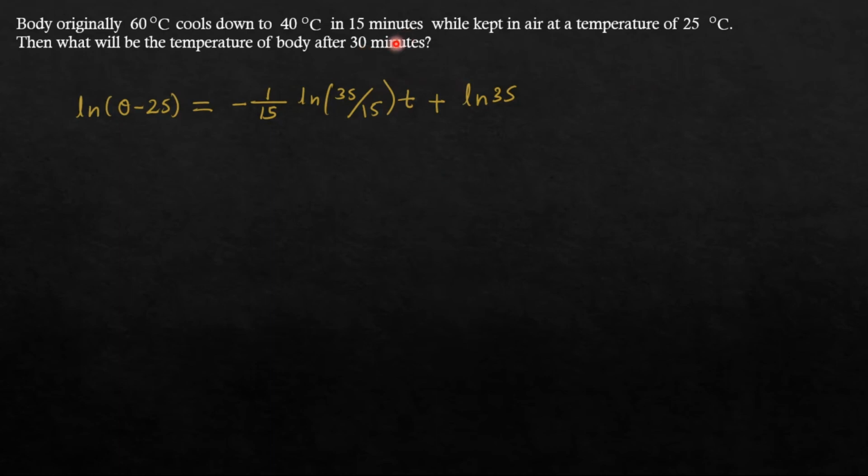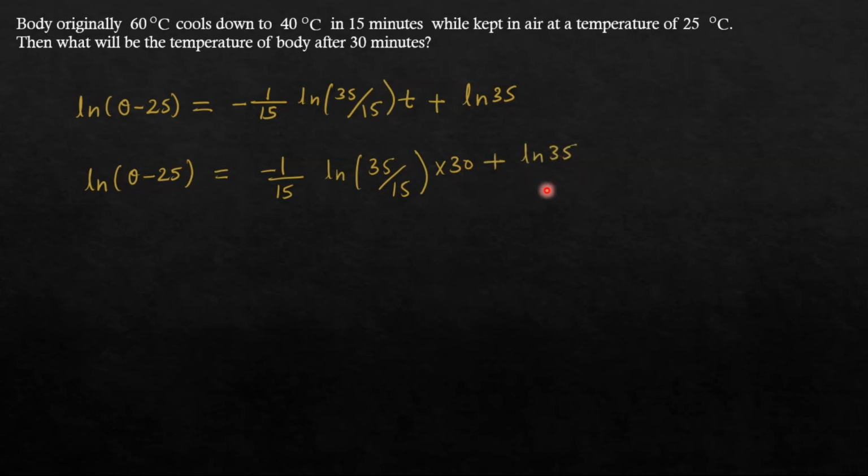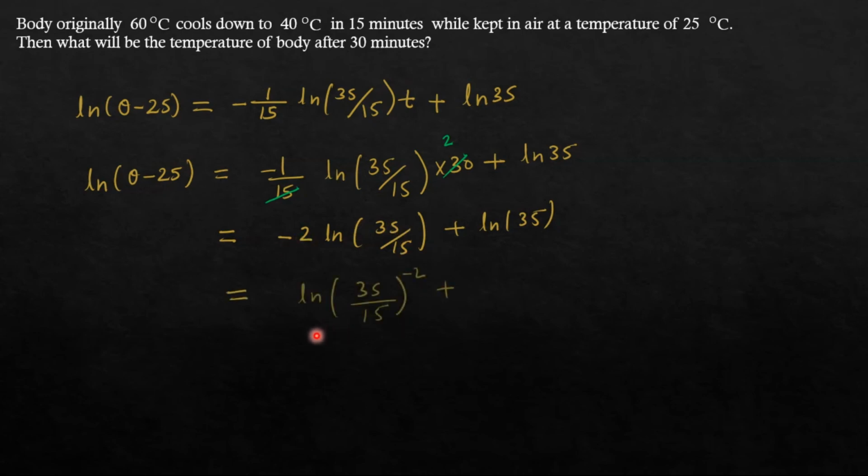Now put the value of time, which is 30 minutes. 15 twos are 30, so you will get minus 2 ln of 35 by 15 plus ln 35. Take this minus 2 inside, so you will get ln of 35 by 15 to the power minus 2 plus ln 35.